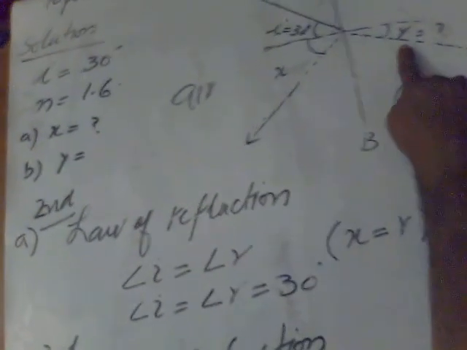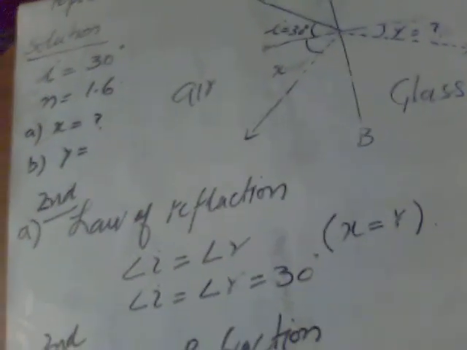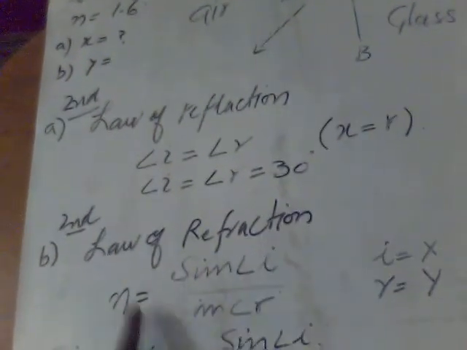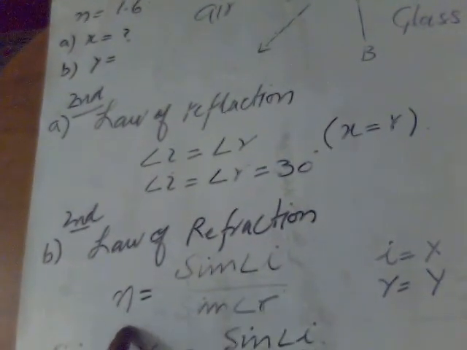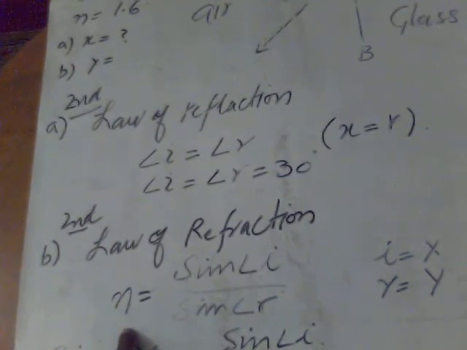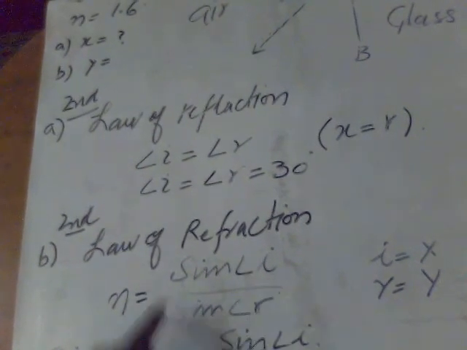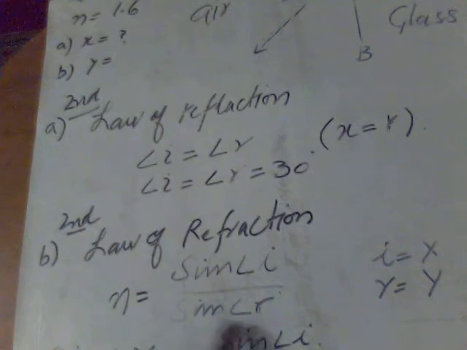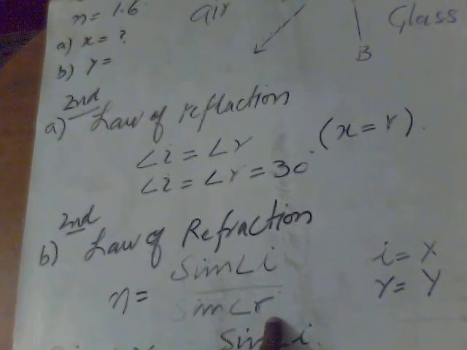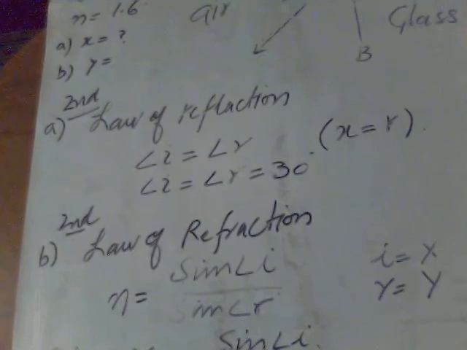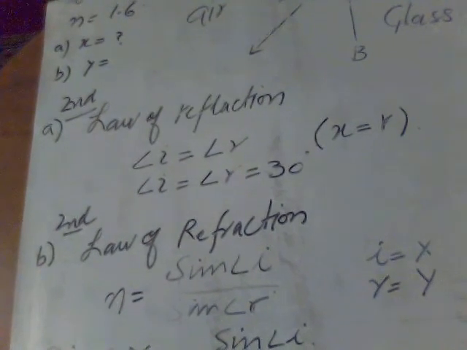Now the second part: we have to find the angle of refraction y. According to the law of refraction, the refractive index or Snell's law, n is equal to sine of the angle of incidence divided by sine of the angle of refraction. We have to find the sine of the angle of refraction.